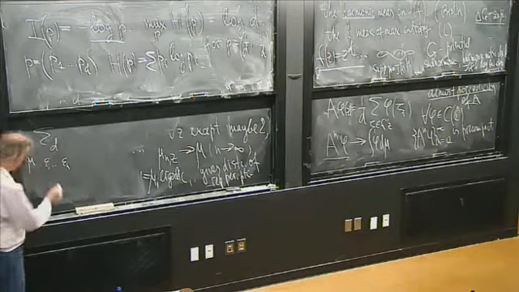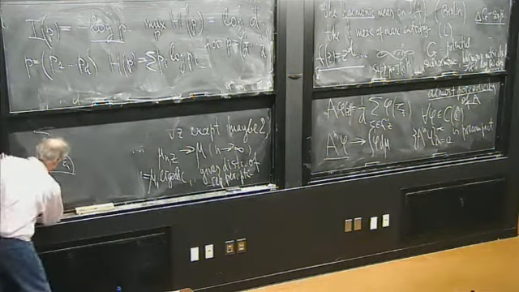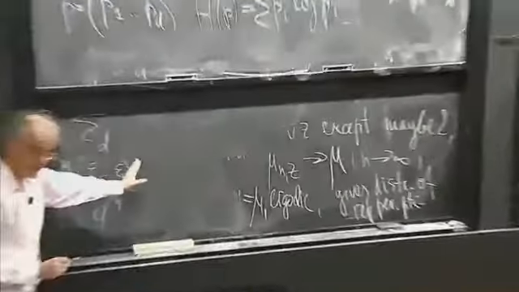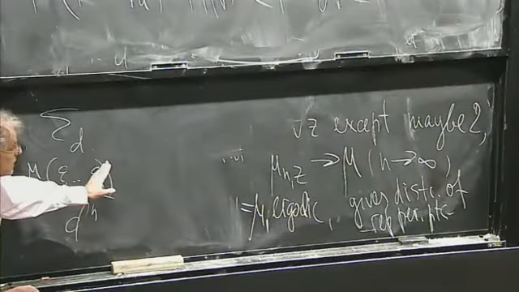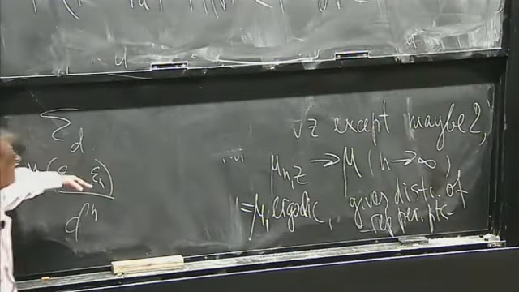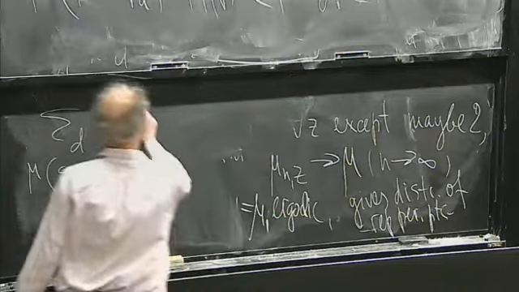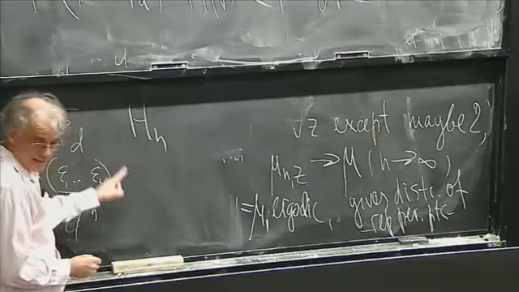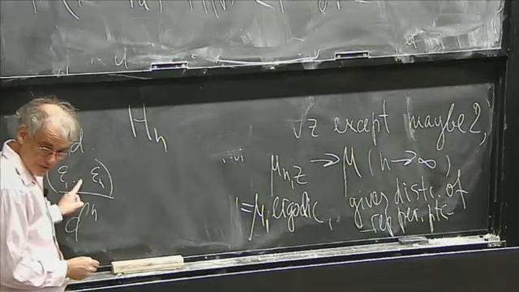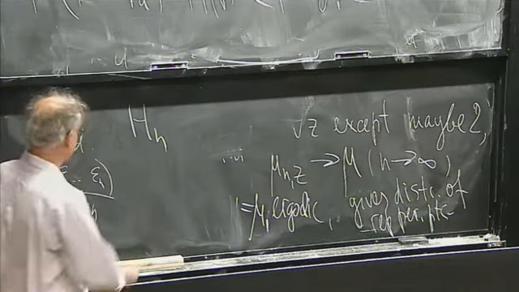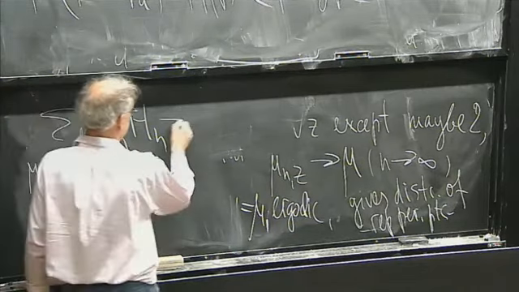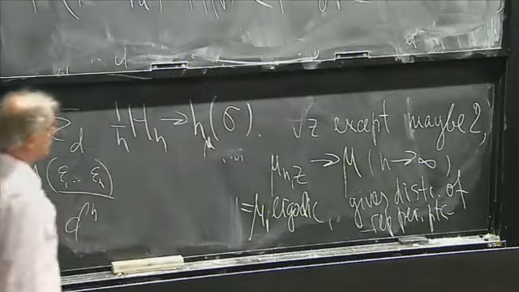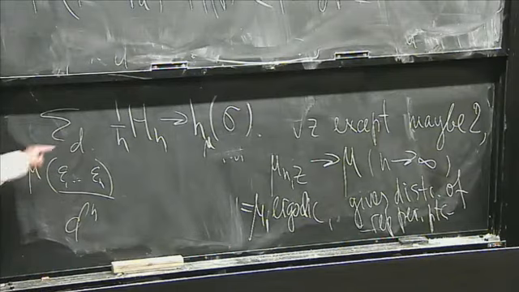There are d to the n cylinders here, and you consider the probability distribution for these d to the n cylinders. So it is a finite probability distribution. You calculate H_n, the average information contained in this probability distribution, divide by n, and it converges to the entropy of this sigma with respect to this invariant measure.